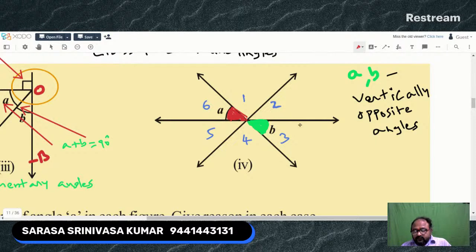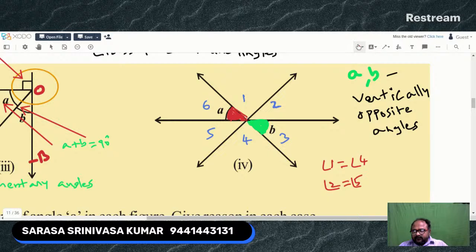Angle 1 equal to angle 4. These two are vertically opposite angles. Angle 2 and angle 5. Do you know that the vertically opposite angles are equal? Very good, one of our students responded. Angle 1 and angle 4 are vertically opposite angles. Angle 2 and angle 5 are vertically opposite angles.